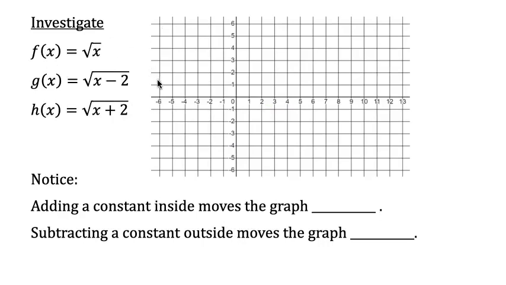Now let's investigate what happens when we add or subtract a constant inside the square root sign. First I'll graph the parent function. Next I'll graph y equals the square root of x minus 2 inside the square root sign. And finally I'll graph y equals the square root of x plus 2 inside the square root sign.